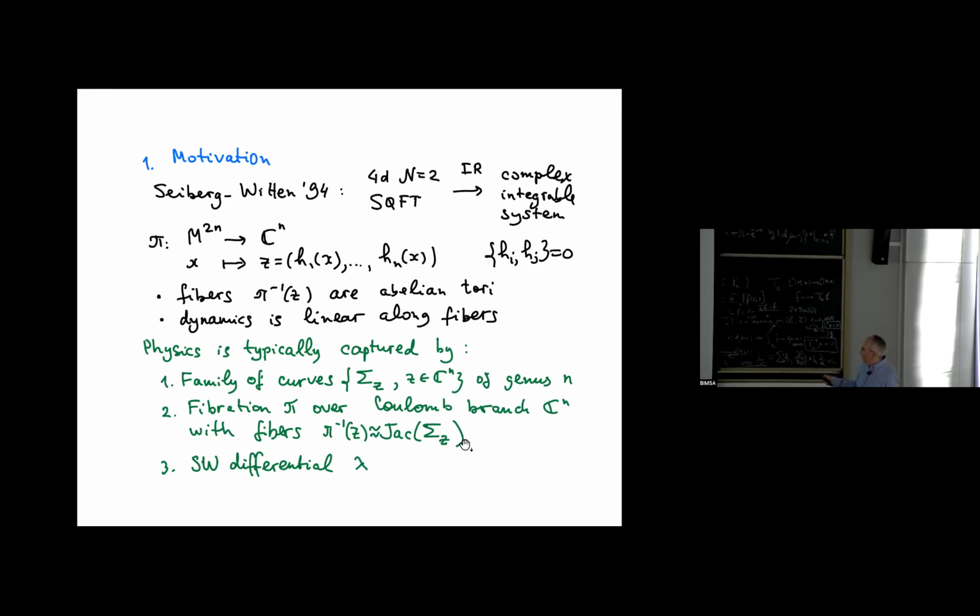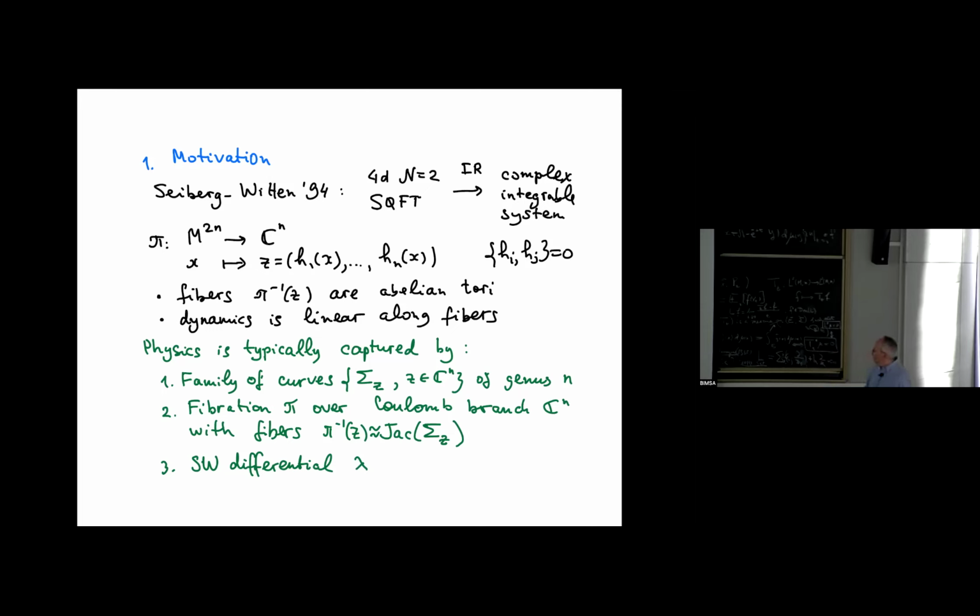Another important ingredient is the Seiberg-Witten differential lambda, which is a certain meromorphic one-form on these curves with special properties and containing important information about the physics. Okay, so that's the background.